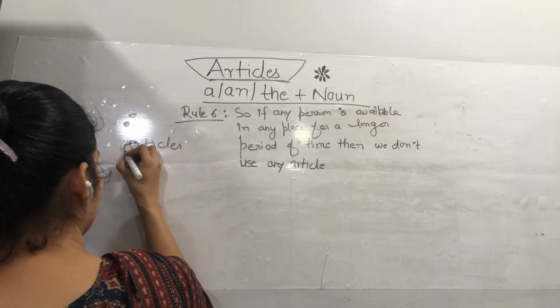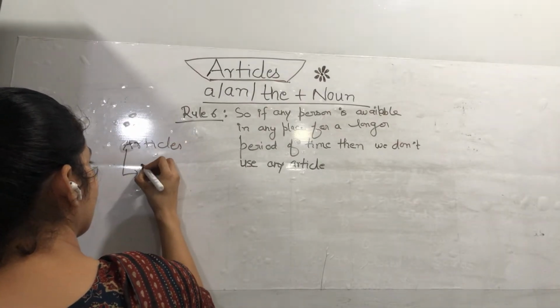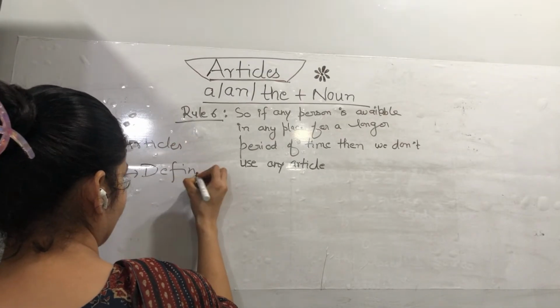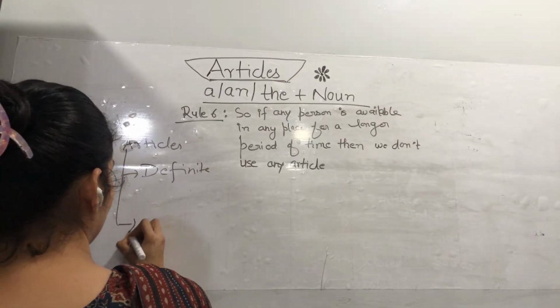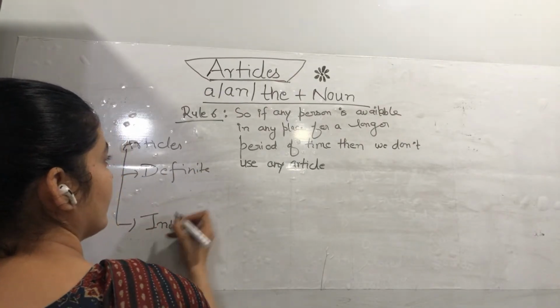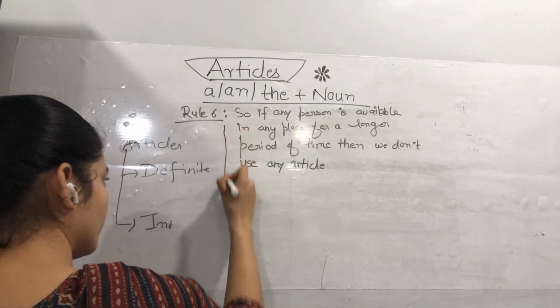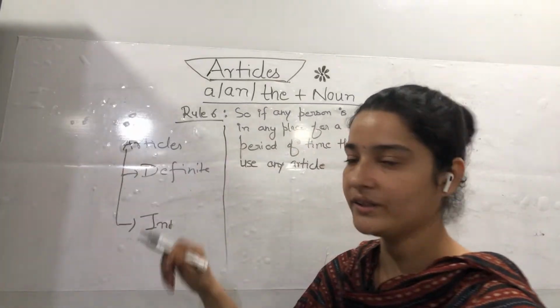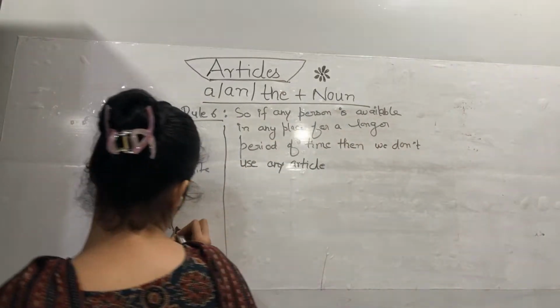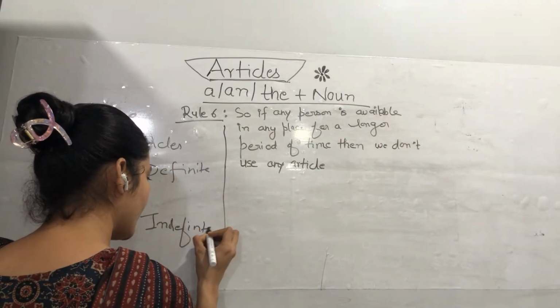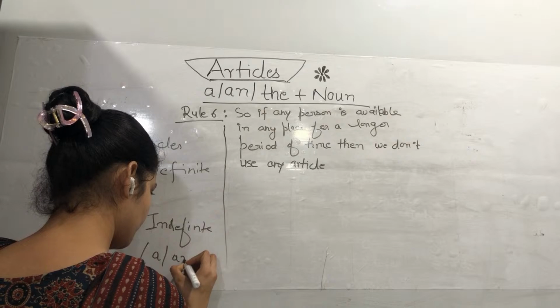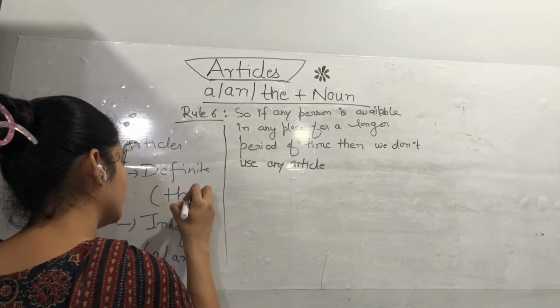Okay, definite and indefinite. I'll just continue with this rule also here, that's why I'm writing it. So definite article and indefinite. Indefinite are a and an. Definite, the.